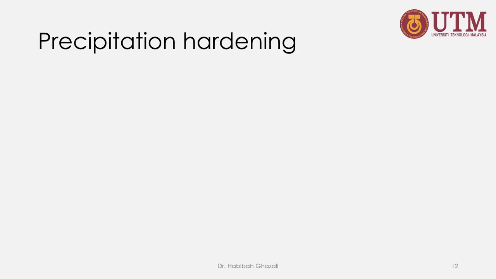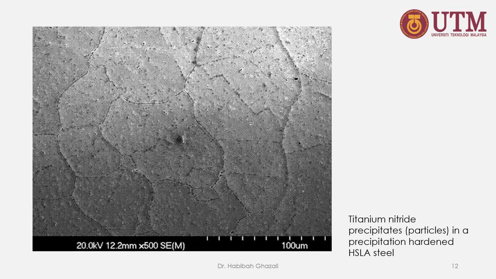Another method to strengthen metallic material is a mechanism that we call precipitation hardening. Through precipitation hardening, we introduce particles or precipitates instead of foreign atoms. These particles will block the movement of dislocations.